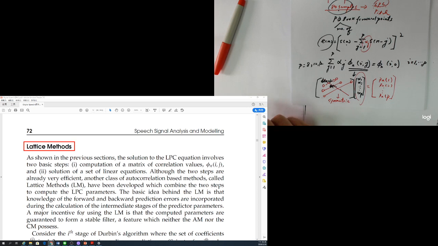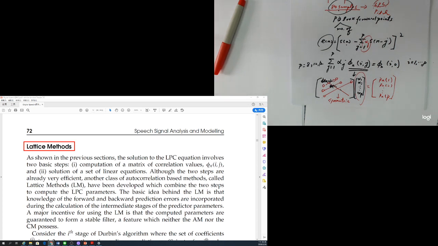So lattice method, because the autocorrelation and covariance methods are based on calculating the correlation matrix.